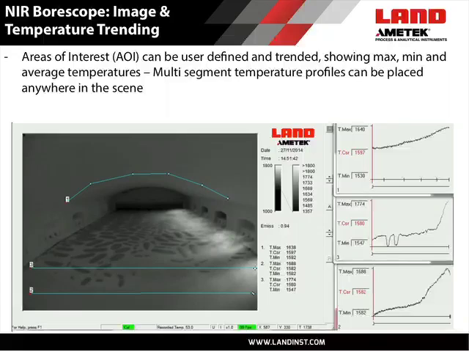In this particular case, the operator has set a multi-segment profile line along the crown of the furnace, measuring crown temperature. He's also set two profiles at the bottom of the screen where he can detect the glass matte and if it has fully become homogeneous.